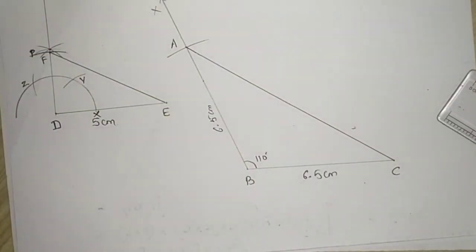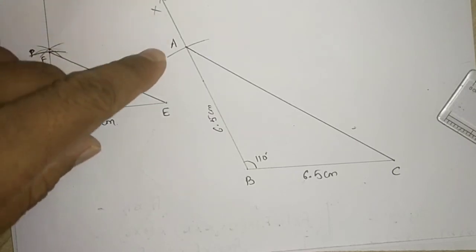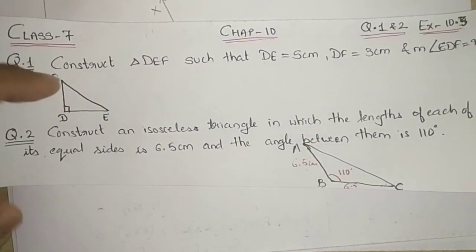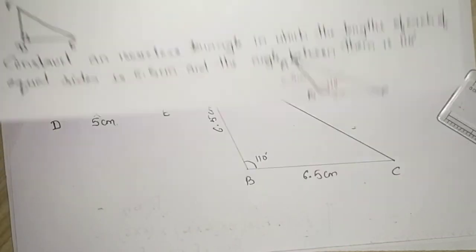So this is our triangle ABC. They have not given that we are supposed to draw ABC. You can draw any PQR. If they have mentioned, like in question number 1 DEF, then only you are supposed to give that name. If they have not mentioned, you can take any triangle.